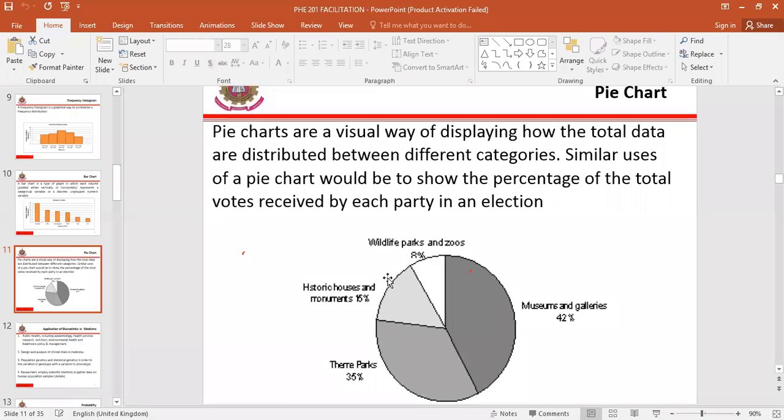When you are talking about a pie chart, a pie chart talks about representation of proportions or percentage formation of a particular set of data in a group or in raw data. Take for instance this diagram you are seeing on the board.